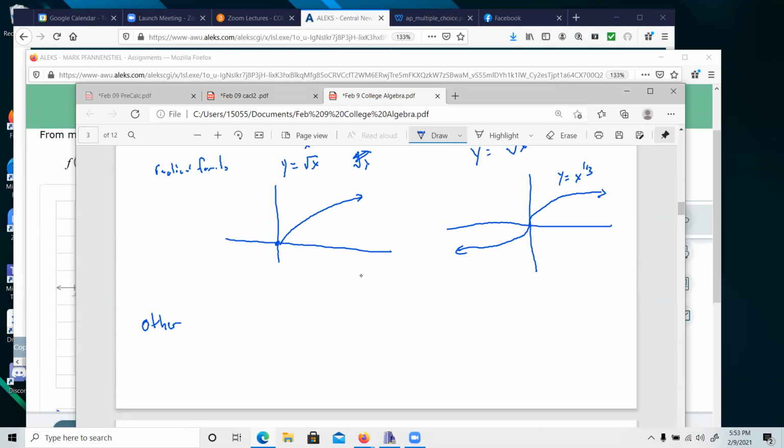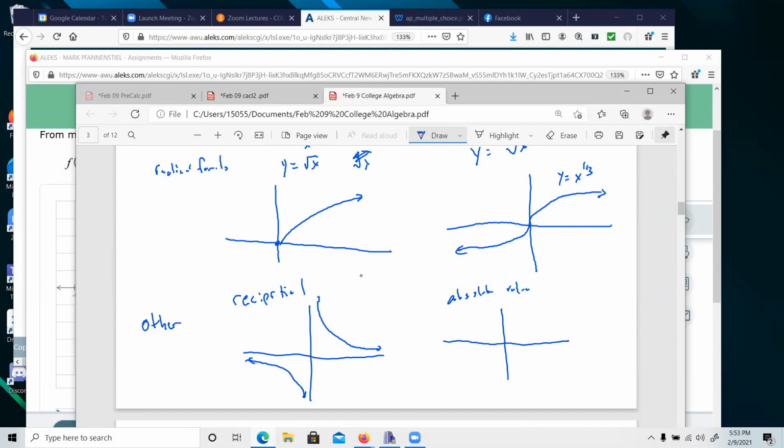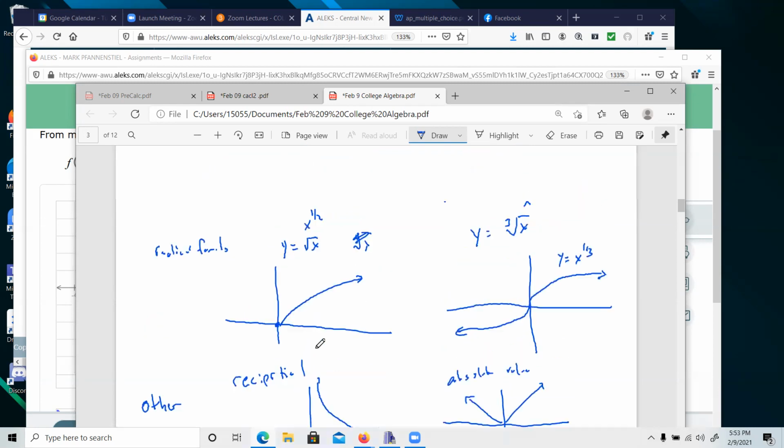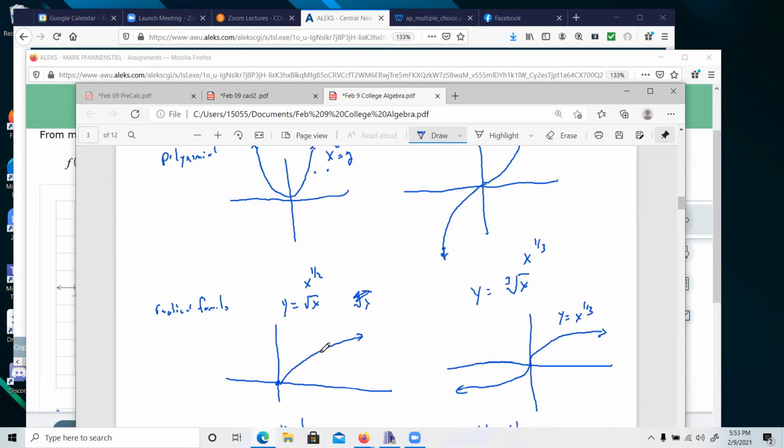We have reciprocal. All right, and we have absolute value.